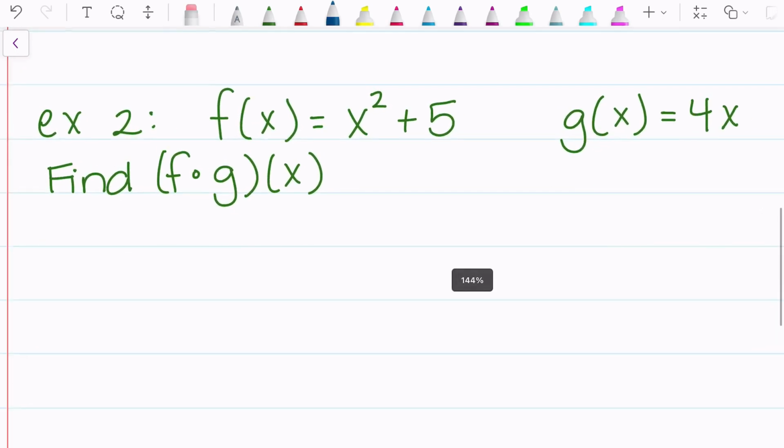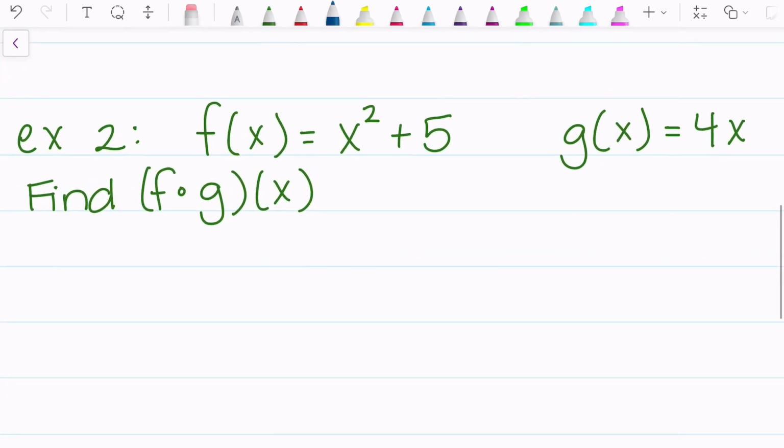Example 2. I have f of g of x again, but this time it's written with the little circle, what my students like to say, fog. When I'm given a problem like this, I typically rewrite it as f of g of x, with the g of x on the inside, because to me that makes it more clear.